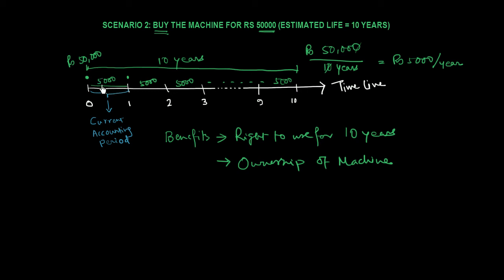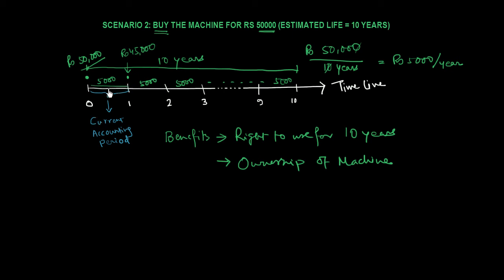So after 1 year, your machine will be worth rupees 50,000 minus the benefits enjoyed, that is rupees 45,000.